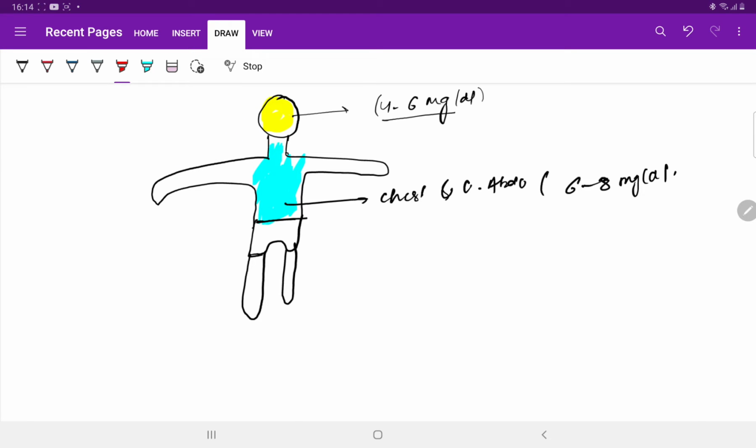Then we have the lower abdomen and thigh. Lower abdomen plus thigh will be 8 to 12 milligram per deciliter.